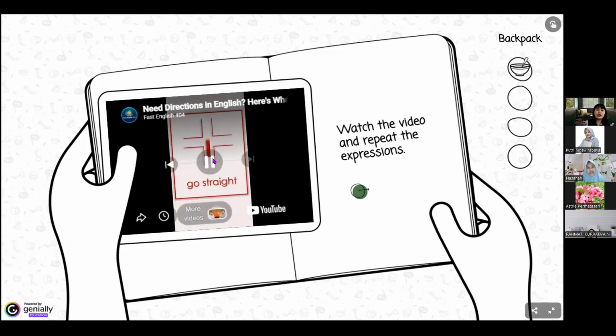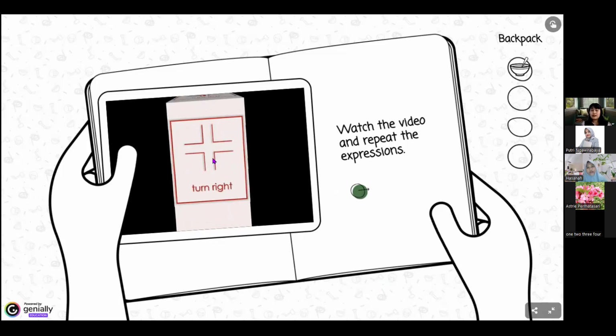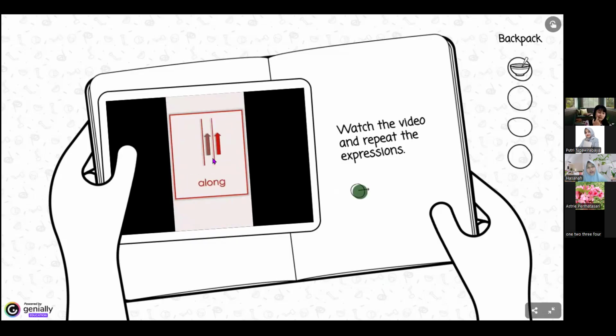Go straight. Go straight. Yeah, follow. Turn left. Turn left. Turn right. Right. Turn right. Along. Along. Cross the Cross the road. road. Cross the road. Turn around. Turn around. Around.